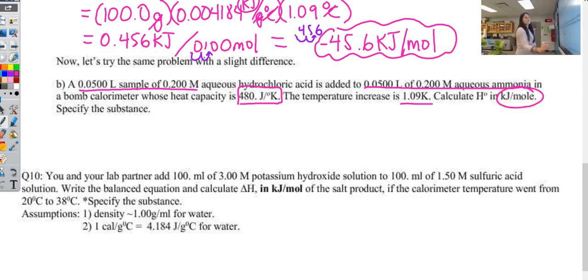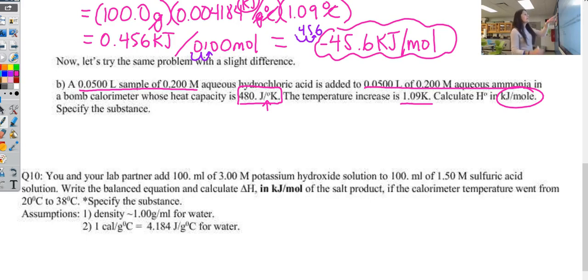So what I'm going to explain to you is this. If you use a bomb calorimeter and they give you the heat capacity, this is what's different about it. Mass is gone. In a bomb calorimeter, which we'll talk about later on, mass is constant. And since mass is constant, it's actually incorporated right into the heat capacity.